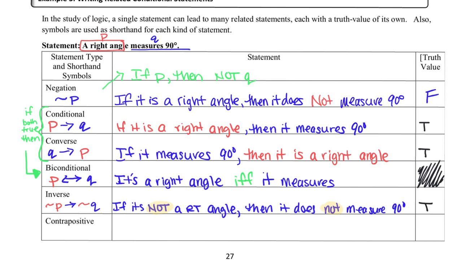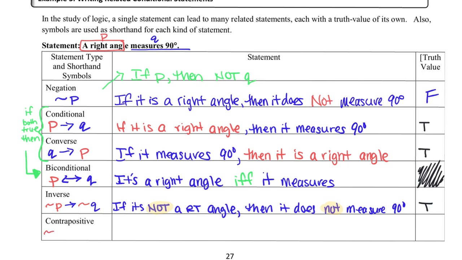Let's look at the contrapositive. So remember, the contrapositive is when you write the converse and then you negate it. So we already know the converse. The converse is Q implies P. So now we're just going to put the little negation symbols in front of those.